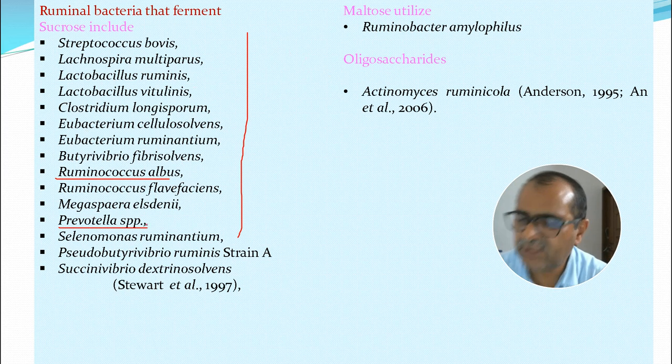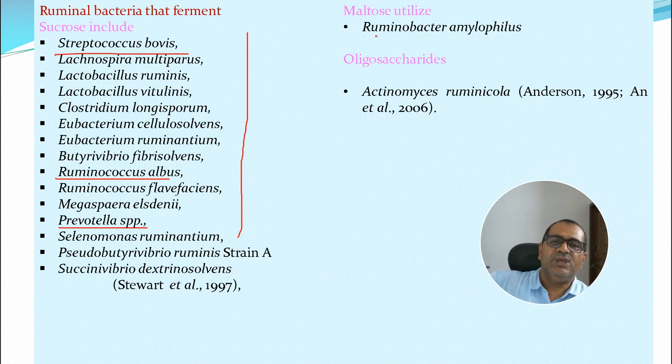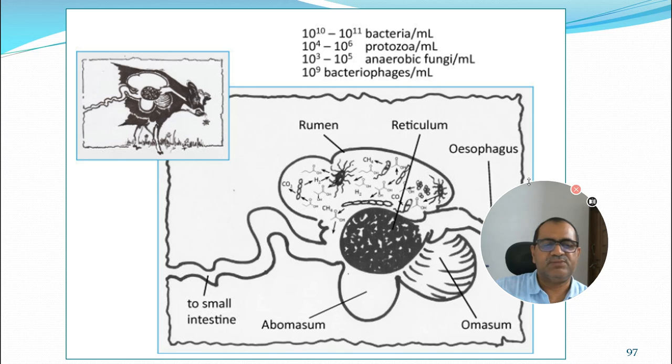Including the regular Streptococcus bovis, Lactobacillus ruminis, and many more. For maltose utilization there is Ruminobacter amylophilus, and oligosaccharides are digested by Actinomyces ruminicola.